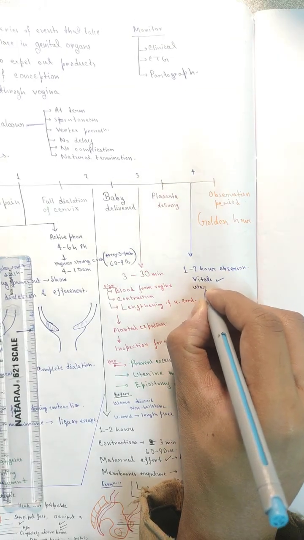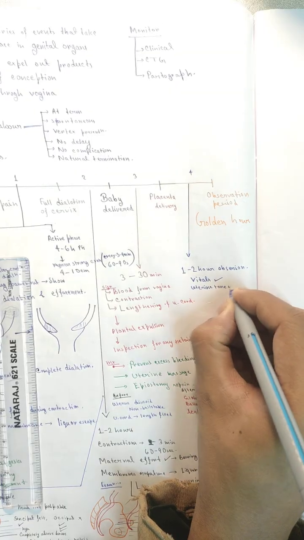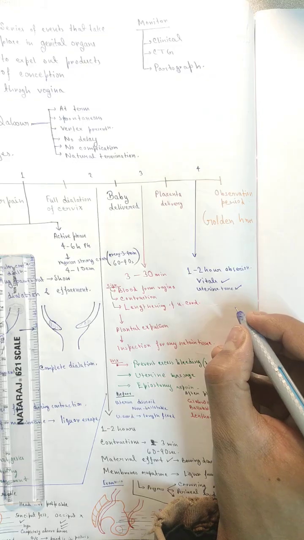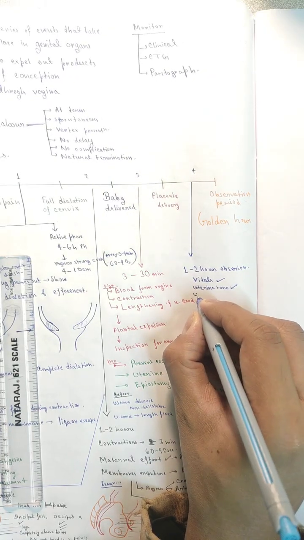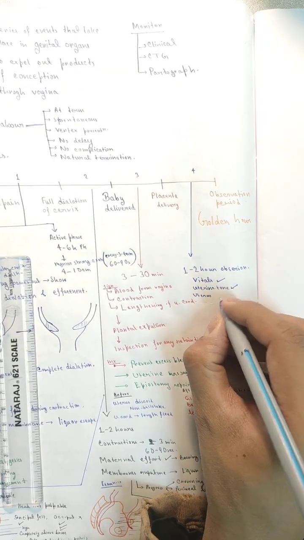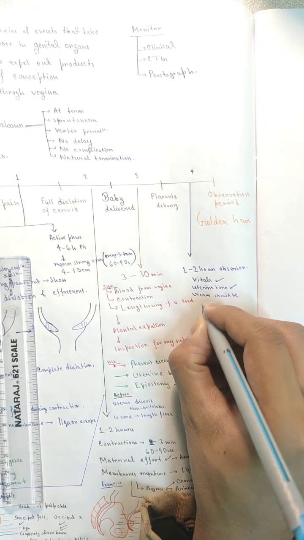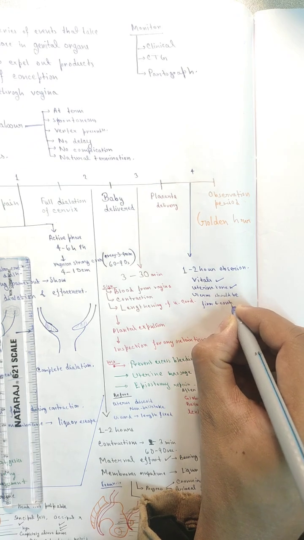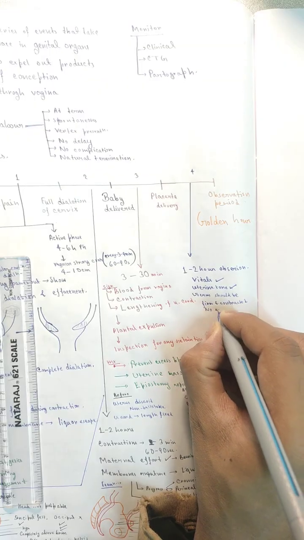Uterine tone is checked, monitored. The uterus should be firm and contracted. No excess bleeding.